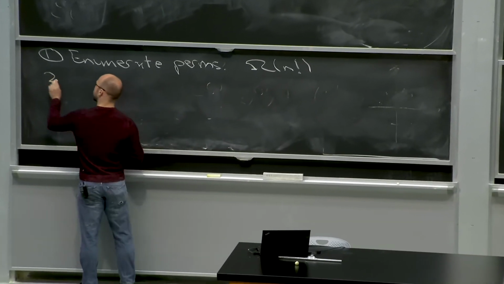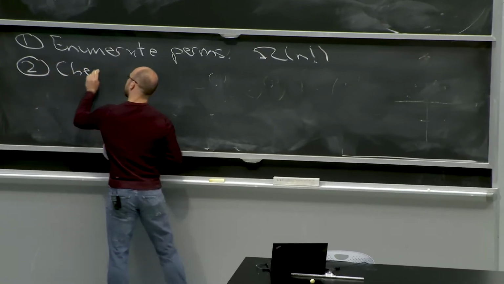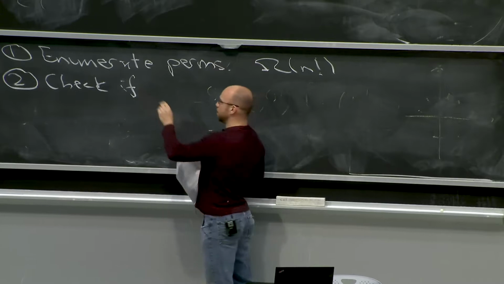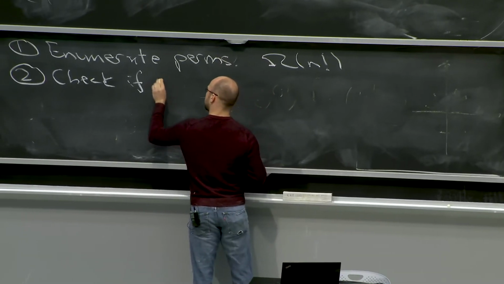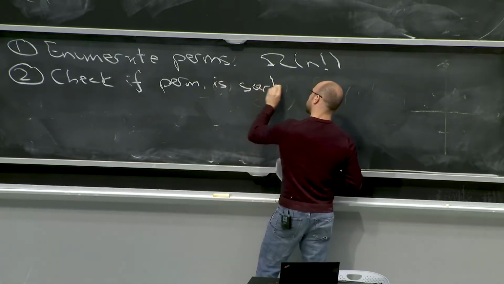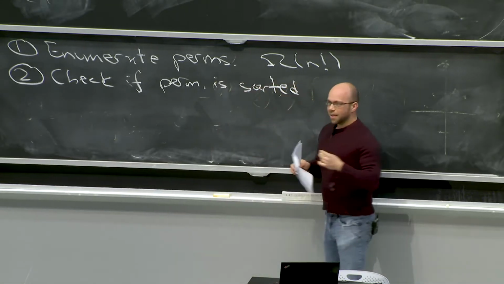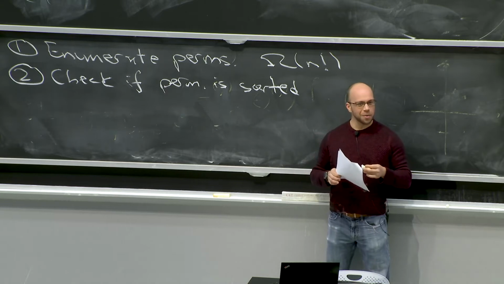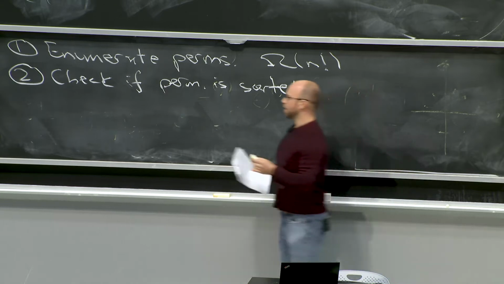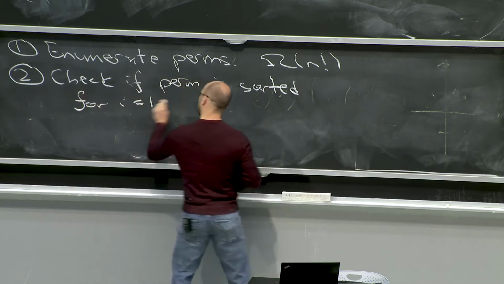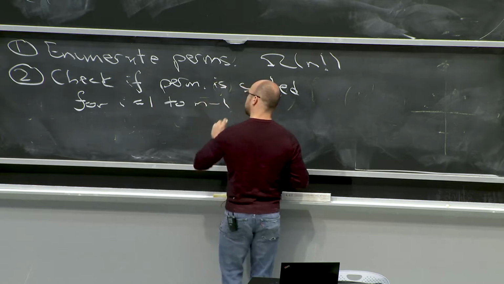And then secondarily, we've got to check if that particular permutation is sorted. How are we going to do that? Well, there's a very easy way to check if a list is sorted. I'm going to do maybe for i equals 1 to n minus 1.